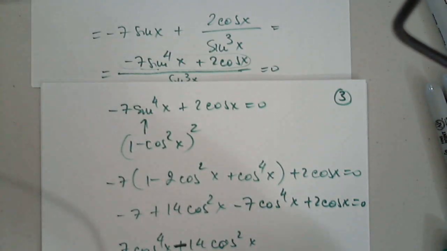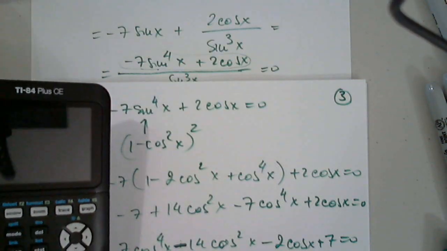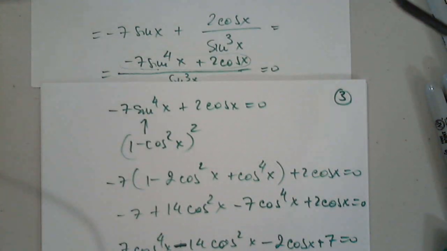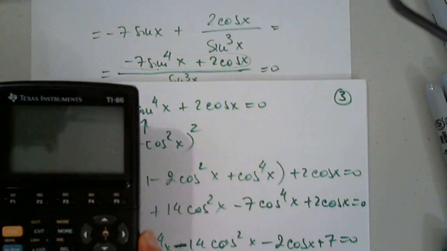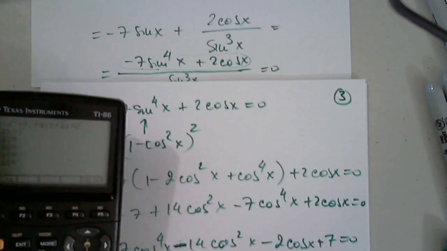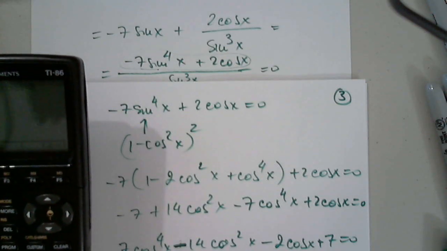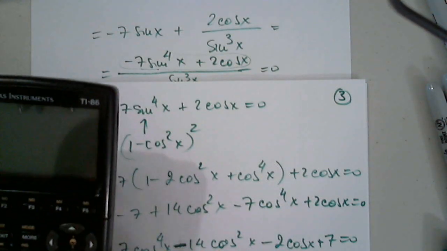So positive, negative, now another negative, and plus 7 equals 0. This one, second poly, it's degree 4. Coefficients in order 7, 0, negative 14, negative 2, and 7. Solve.